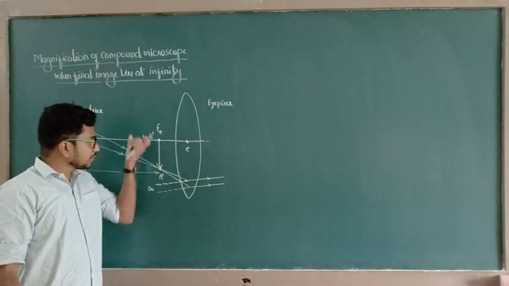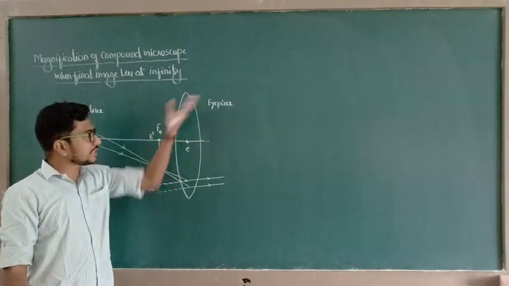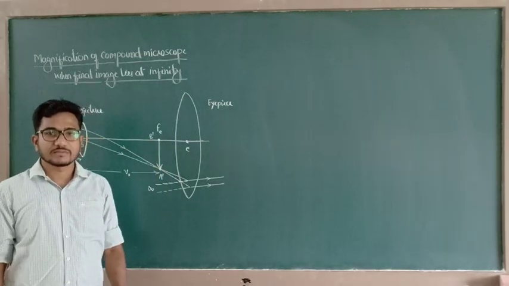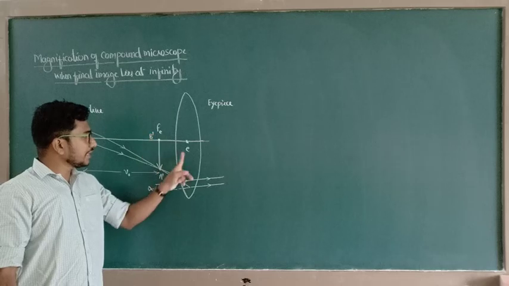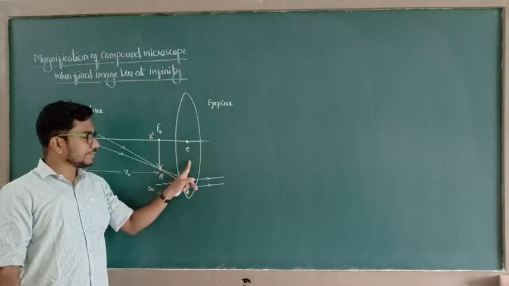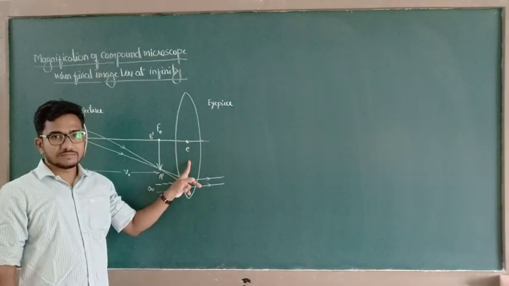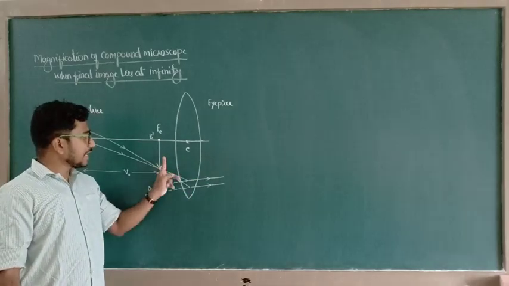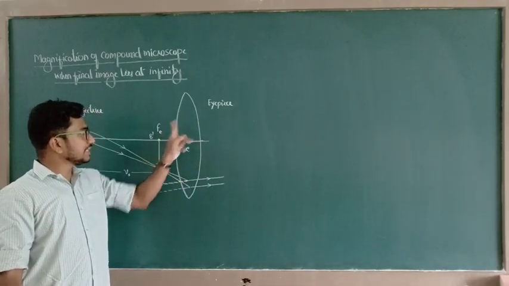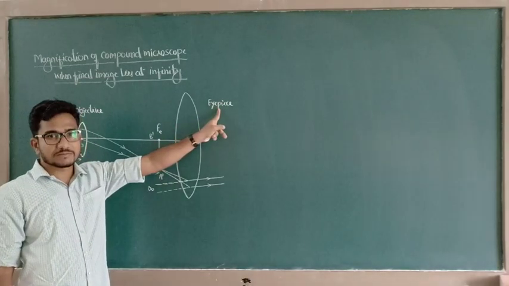And this A dash B dash acts as an object for the eyepiece. The distance between A dash B dash and the optical center of the eyepiece is adjusted in such a way that A dash B dash lies at the principal focus of the eyepiece.